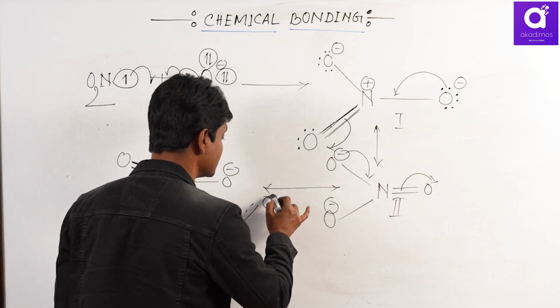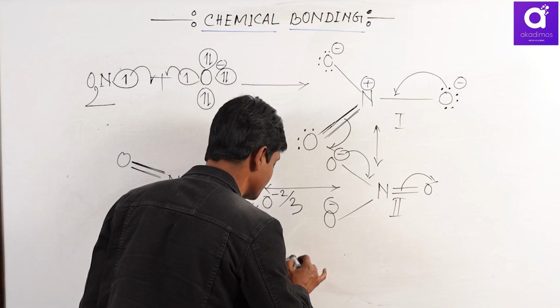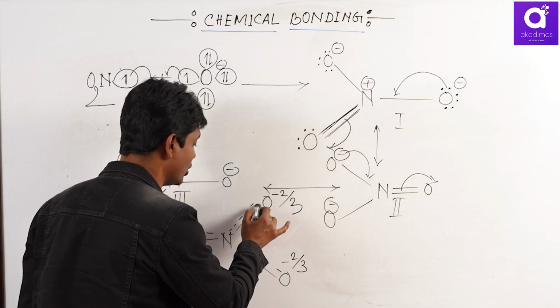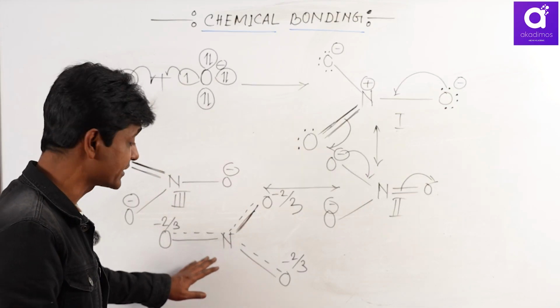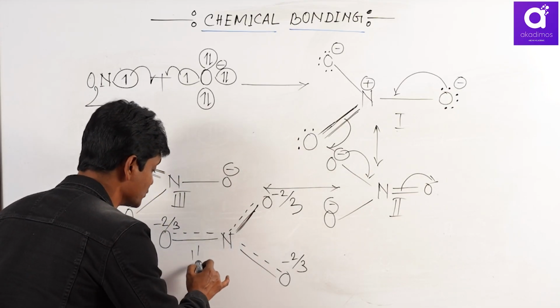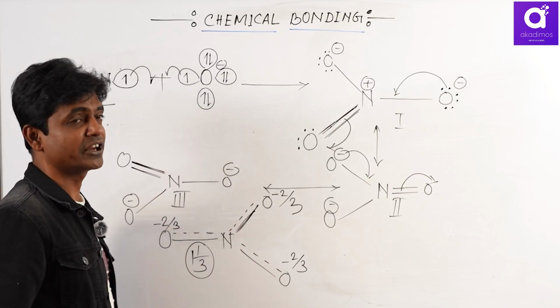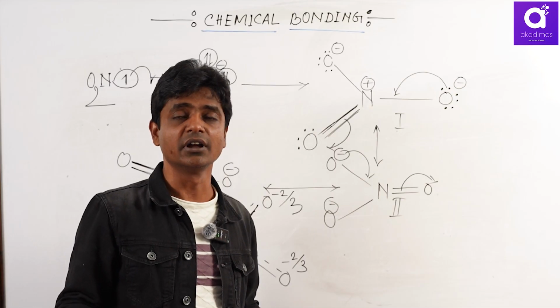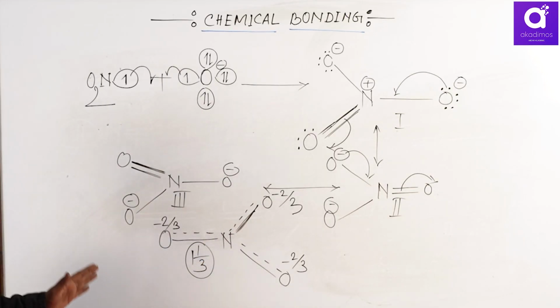That means the formal charge on oxygen is -2/3. Here also -2/3, and all nitrogen oxygen bond lengths are the same, and the bond order, that means number of bonds, is 1/3. You got an idea about the NO3 minus radical structure, and all nitrogen oxygen bond lengths are the same here.